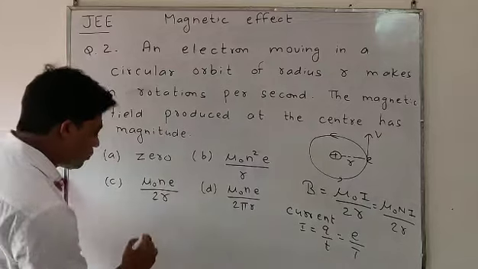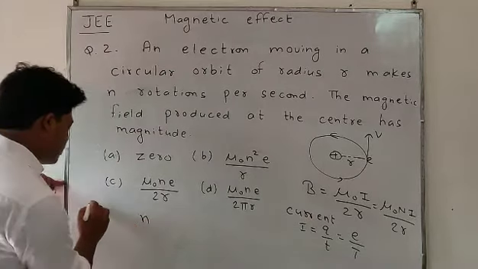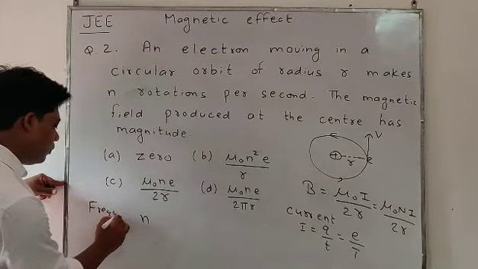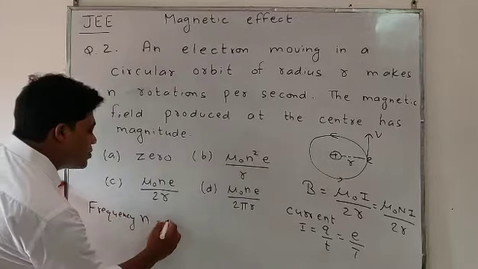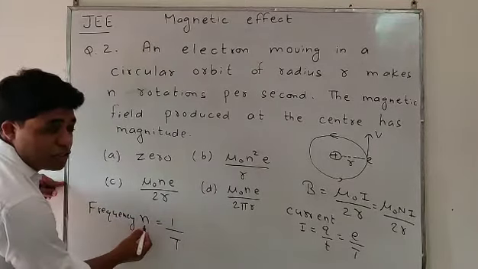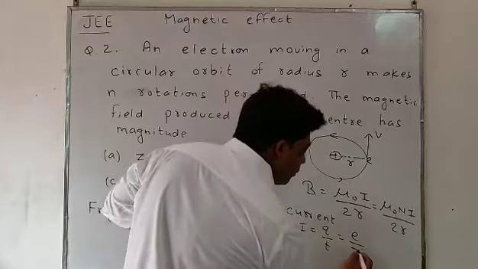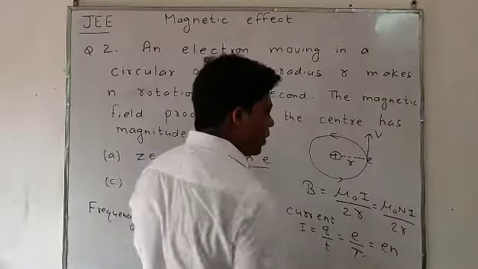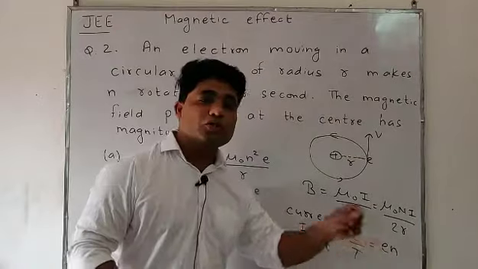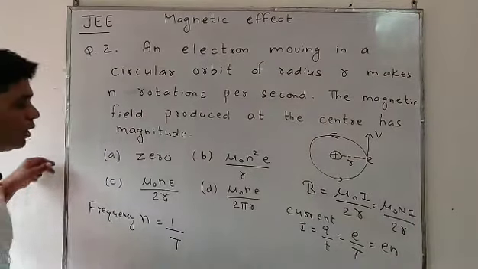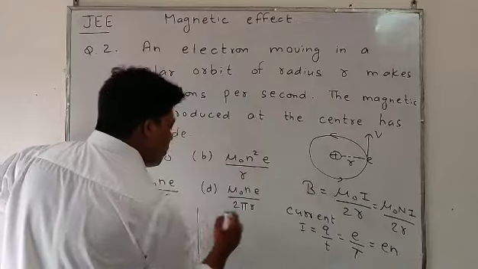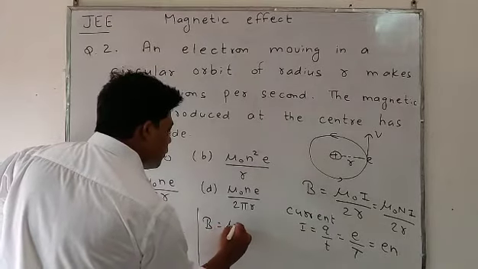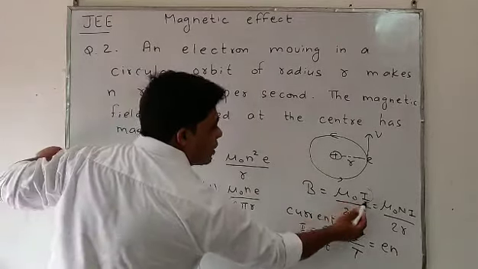One last change we'll do. Small n is called frequency. The reciprocal of time period is called frequency. So 1 upon T becomes n, and I becomes e into n. Small n is frequency. Now finally what we'll get here? B as it is, mu naught as it is, and what is I?